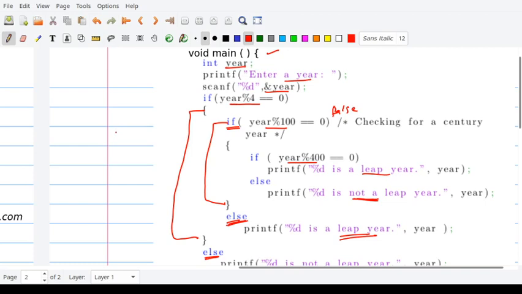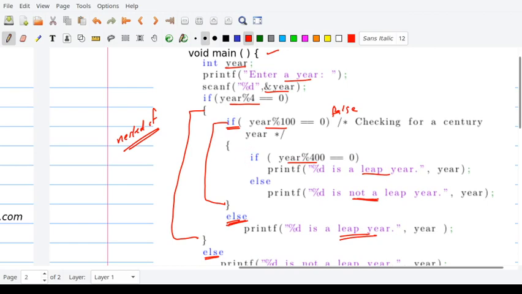I have written this program in this format so that you get an idea about nested if statements. This is a rather complicated way of finding out whether a year is a leap year or not, but this is just to show you how to write nested if statements.